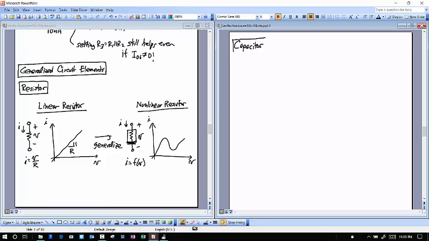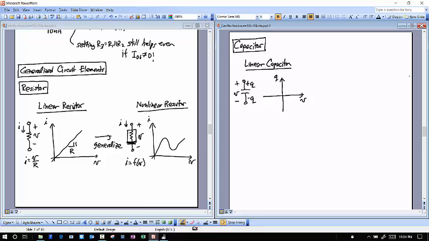So if we take the example of a capacitor, by the same token, we can have a linear capacitor which you know has this symbol, and I can put a voltage across that capacitor, and if I do that, I'm going to generate charge across the capacitor, plus Q and minus Q. And for a capacitor, usually you'll describe that as the charge you get after application of a certain voltage.